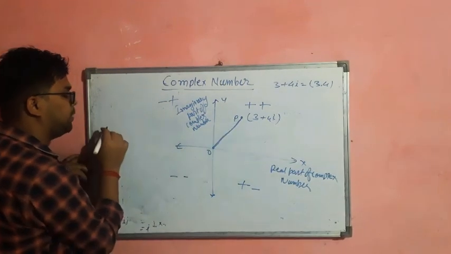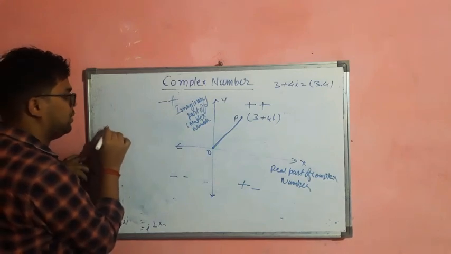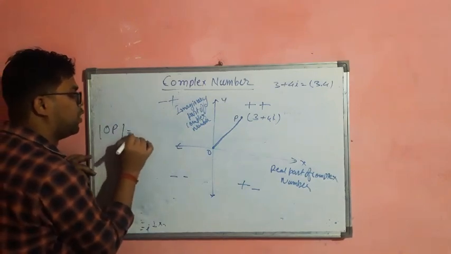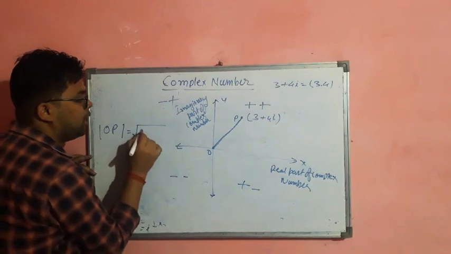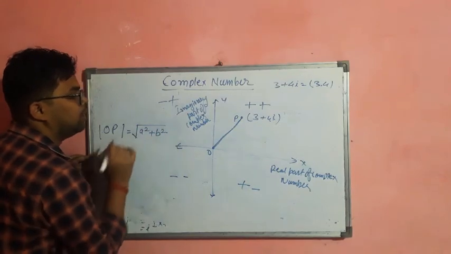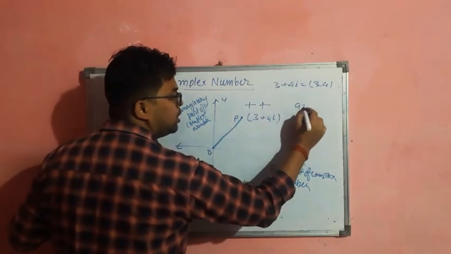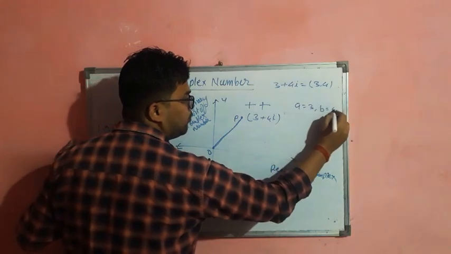The modulus of this complex number is represented as mod of OP, and mod of OP is equal to the square root of a square plus b square. Here a is equal to 3 and b is equal to 4.